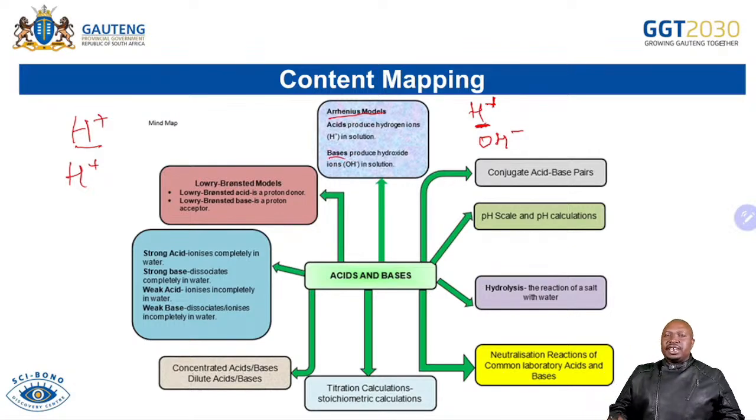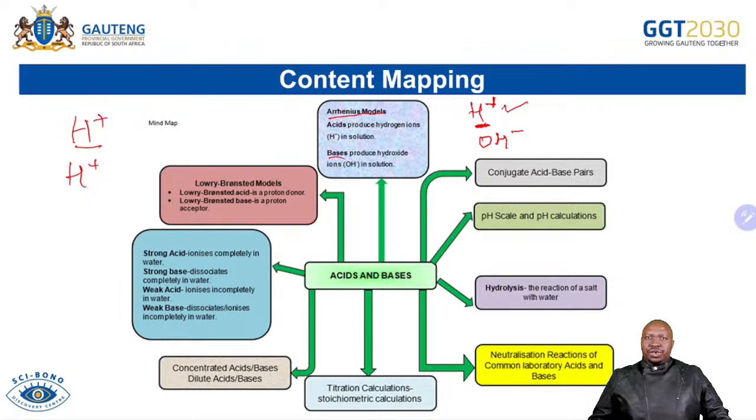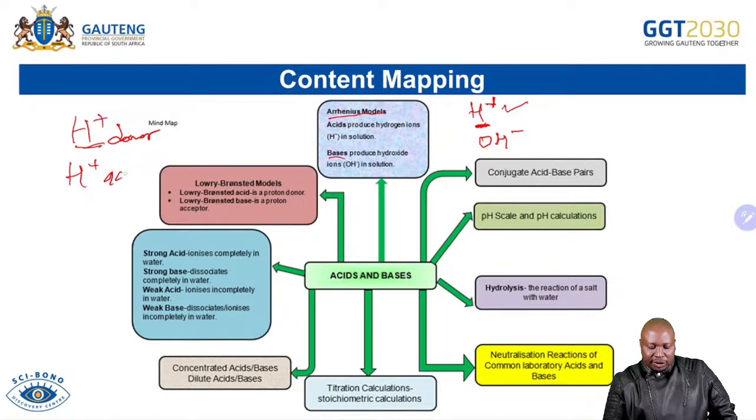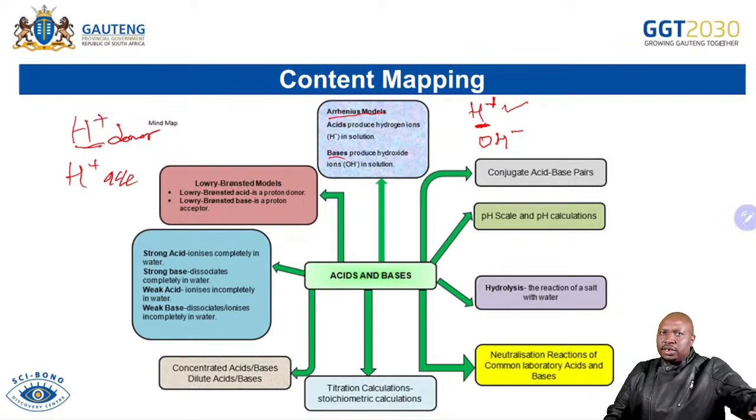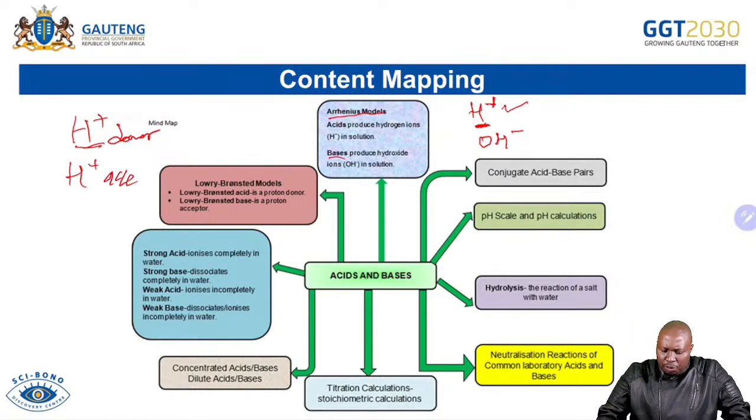You can see the proton is there, but in Arrhenius we are calling it hydrogen ion, saying an acid produces hydrogen ion in aqueous solution and the base produces hydroxide ion in aqueous solution. But now with Lowry-Bronsted, an acid is a proton donor and a base is a proton acceptor. So the difference is that a base will accept a proton while an acid will donate that proton. I hope you get that.